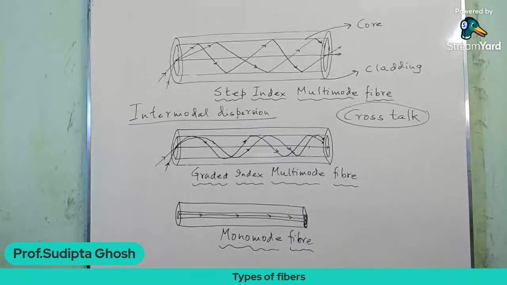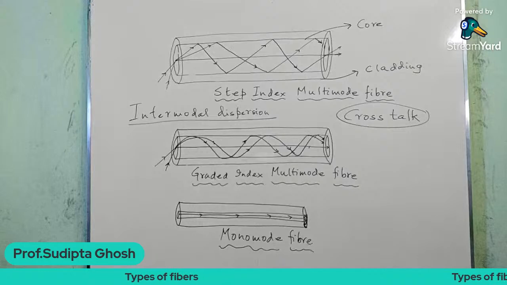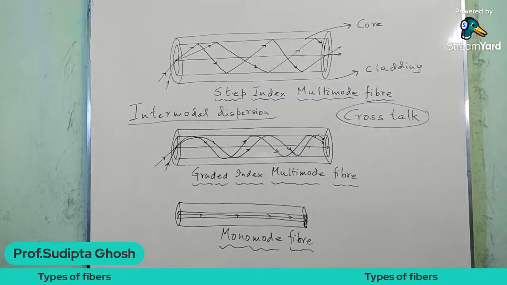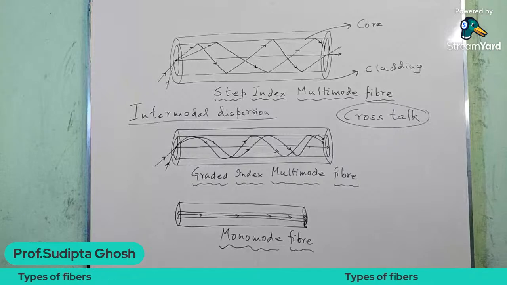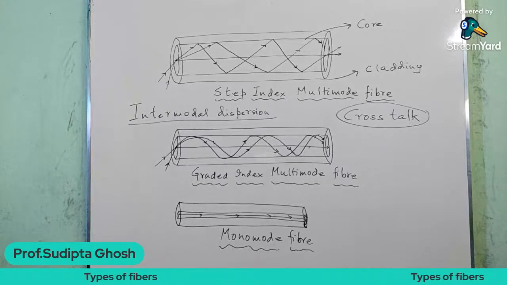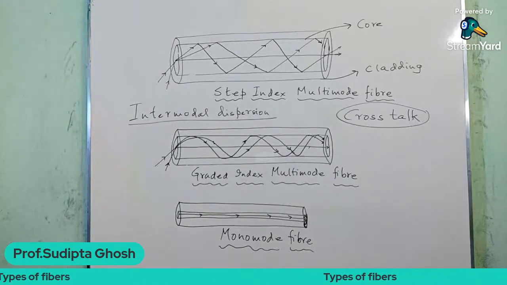So these are some of the reasons why optical fibers are nowadays so important and famous in the communication world: they are less expensive. The basic raw material of fibers is silica, which we know is abundantly available in nature, whereas the basic raw material of coaxial cable is copper, which is very costly.